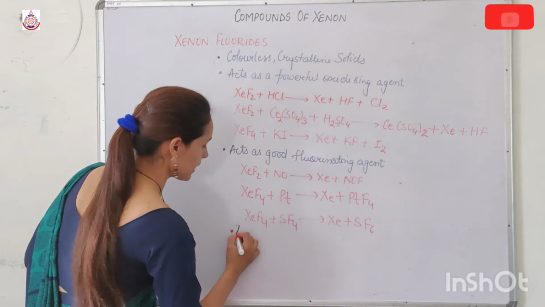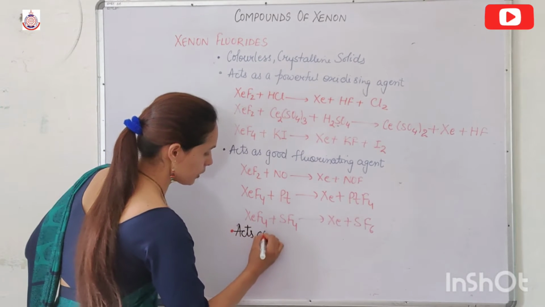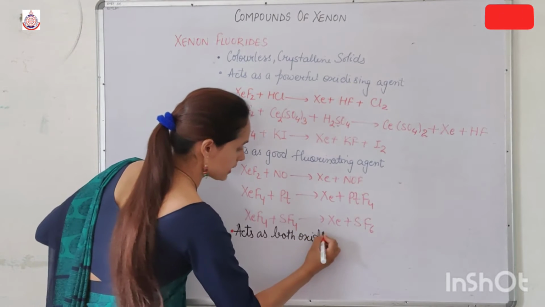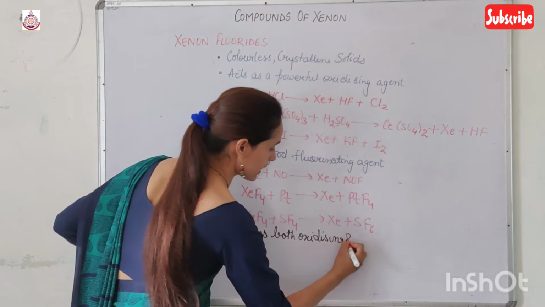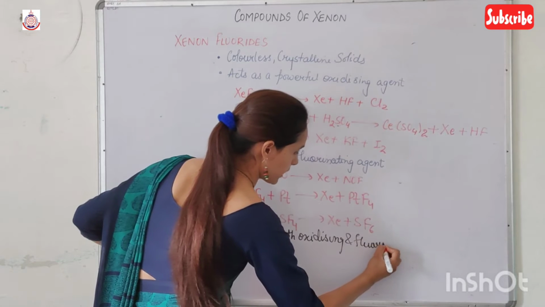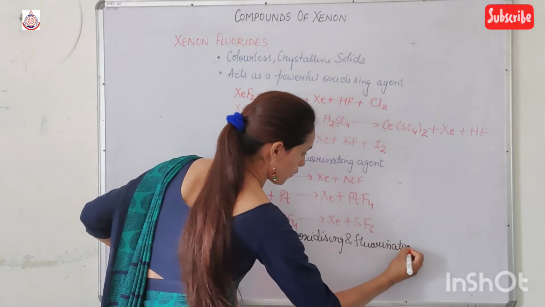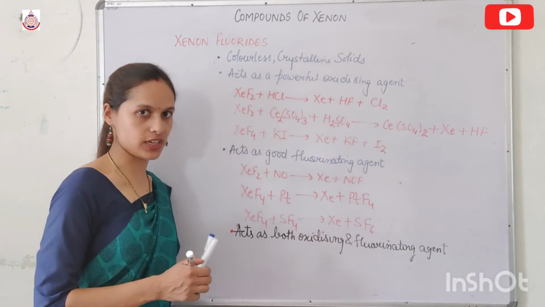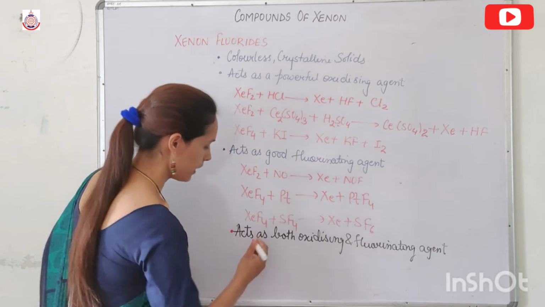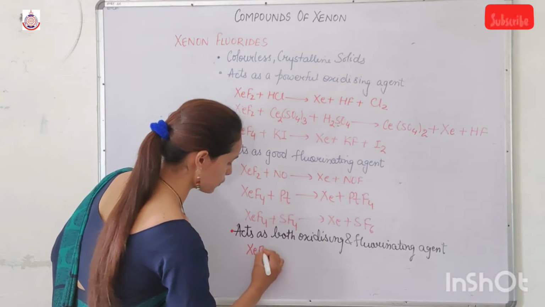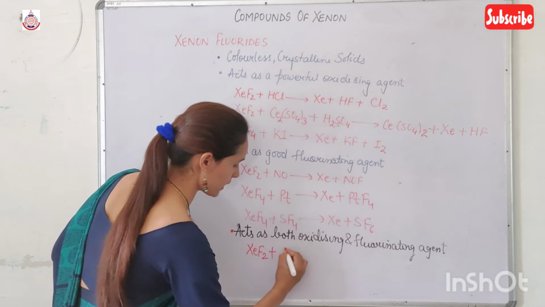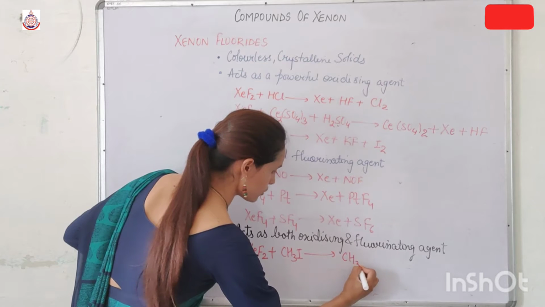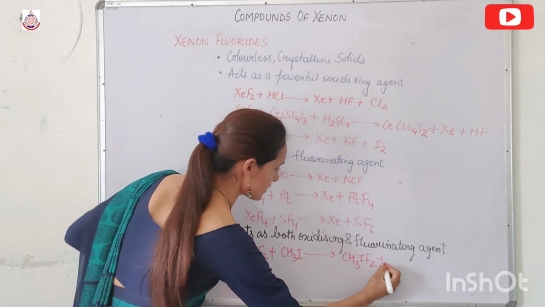So the next property is that they act as both oxidizing and fluorinating agents. So what happened when XeF2 reacts with CH3I, then we get CH3IF2 plus Xe.